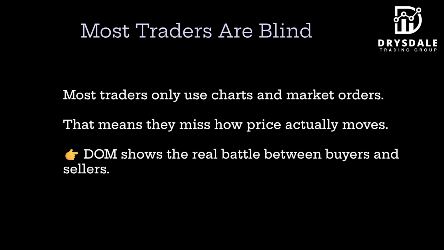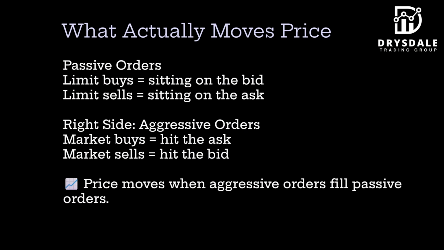The DOM, or the depth of market, shows the real battle between buyers and sellers. It's a live auction, and it's ticking in real time. When you learn how to read and execute using it, your trades become much more intentional, not emotional based on what you're seeing on the chart. So let's break this down.